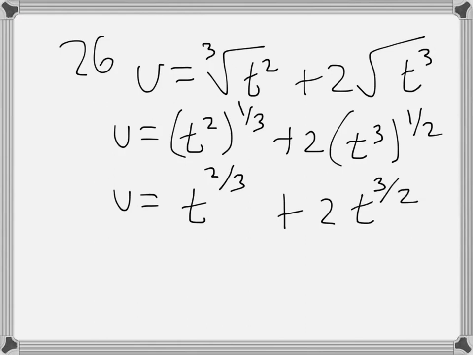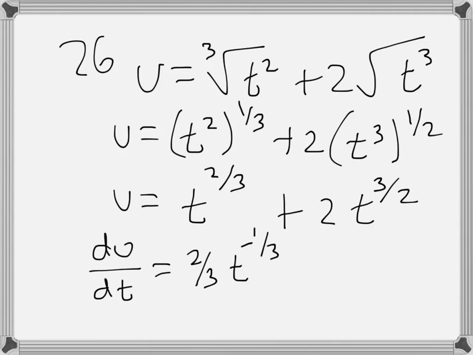And I haven't done anything with the derivative yet. I've just been rewriting the expression in a way that lets me take the derivative, because now I can use the power rule. So du dt in this case is 2/3 times t to the minus 1/3, and then I add 2 times 3/2 t to the 1/2.